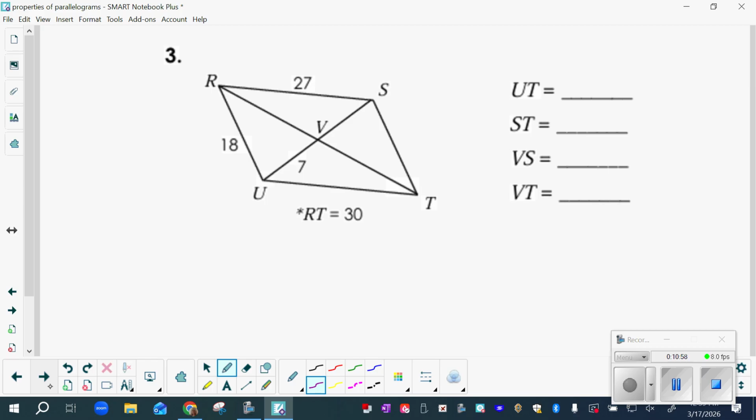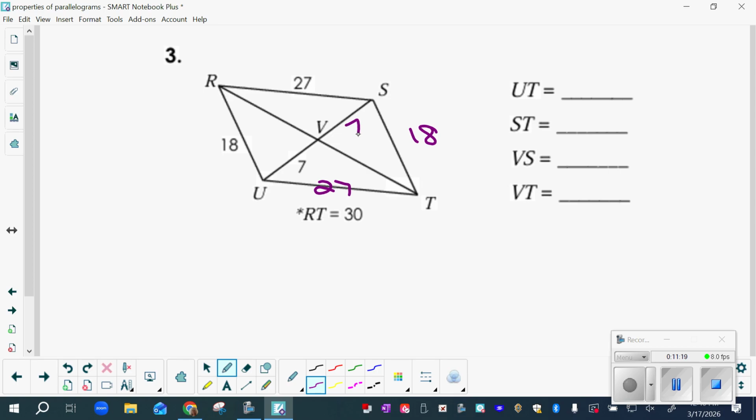If this one is 18, this one is 18. If this one is 27, this one is 27. If this little bottom half is 7, what does the top half have to be? 7.